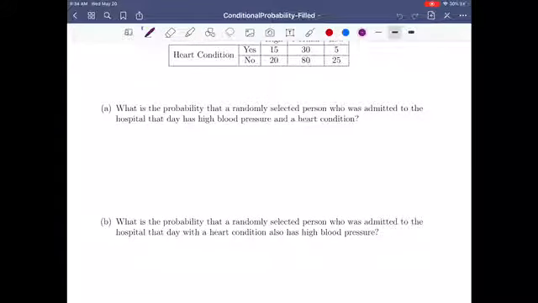Suppose we randomly select a person who was admitted to the hospital that day. We want to know the probability that they had high blood pressure and a heart condition. Okay, so I'm going to define some notation here. Let H be the event that the person had a heart condition.